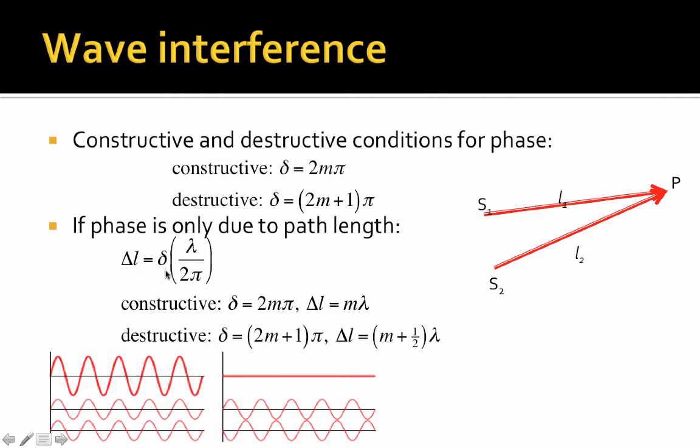The delta and 2 pi are both unitless, or units of radians. And this lambda over 2 pi is saying what fraction of a wavelength is delta. So we find the phase difference and multiply it by lambda over 2 pi to get the actual path length difference. This will be important as you're thinking about different length arms or length paths in your interferometer.